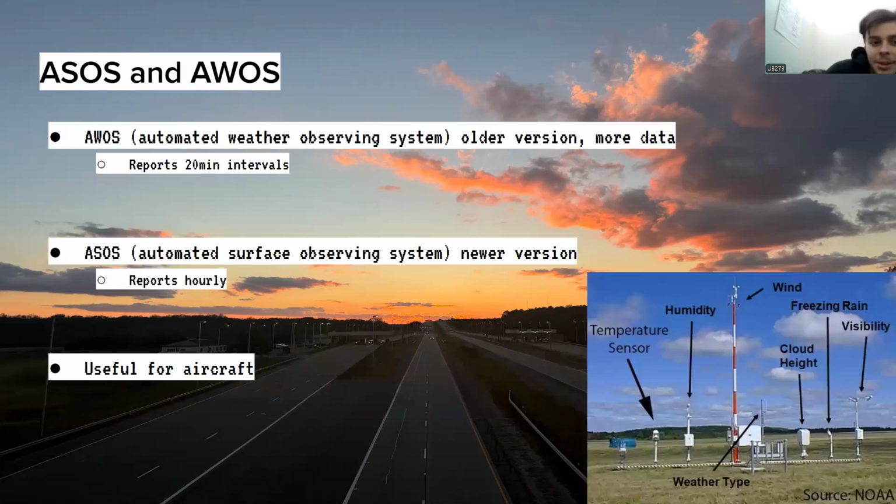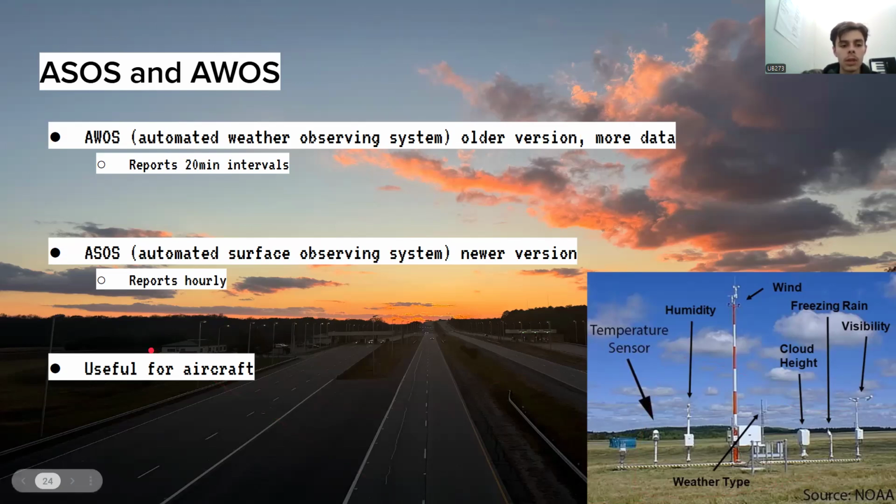Then there's ASOS and AWOS, which this data can also be used for aviation, and we're going to have instruments like these to give us this data. AWOS and ASOS are based off similar data, but ASOS is newer.